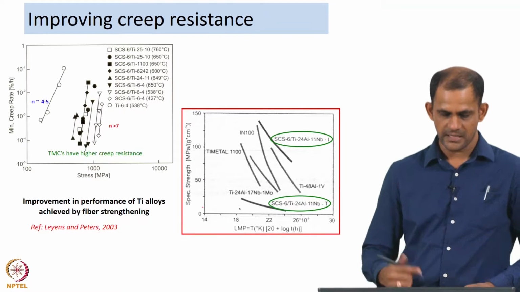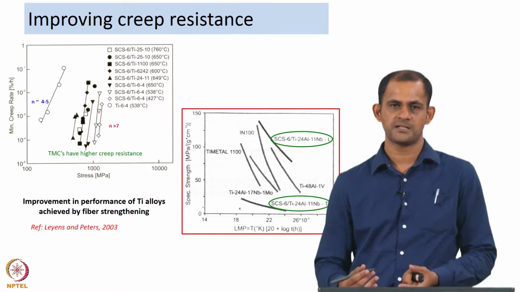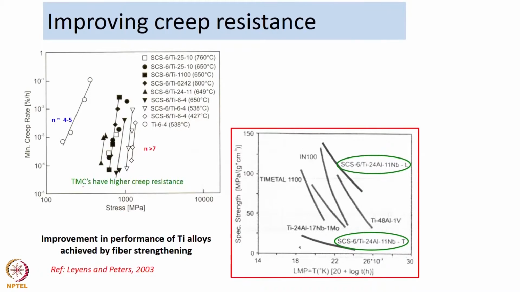Now, let us look at the creep performance of these materials reinforced with either hard particles or hard fibers. These are basically titanium matrix composites. You can call them composites because you have added the second phase. What this plot is telling you is that titanium matrix composites have higher creep resistance.